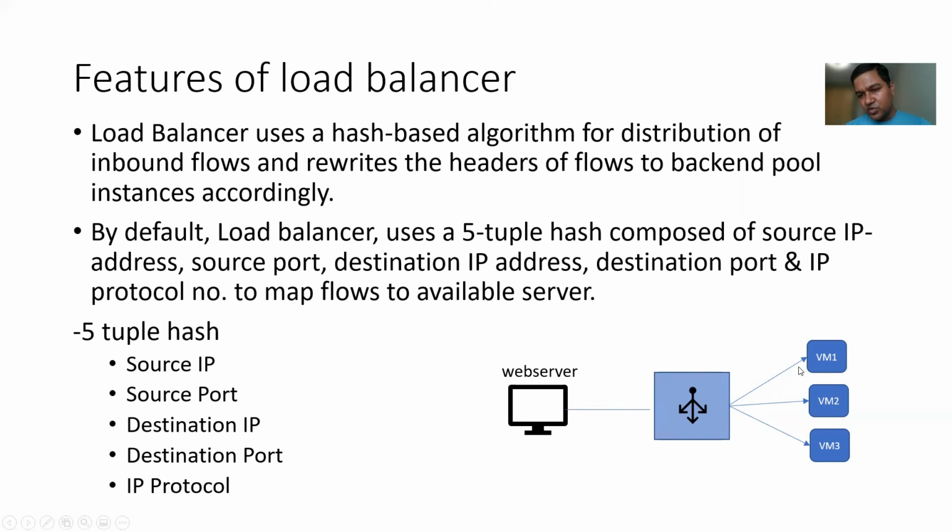It should go to VM1 or VM2 or VM3. If all the VMs are equal or in the same place, and say 50 connections come, it has the task to manage the load. So it is going to shift 20 connections to VM1, then 20 to VM2, and then 10 to VM3. This is how it is going to manage.